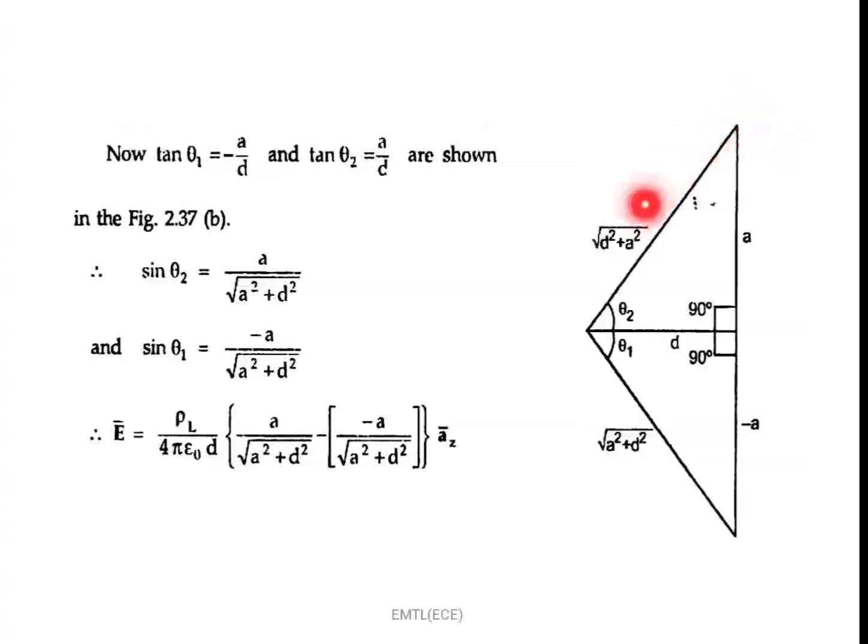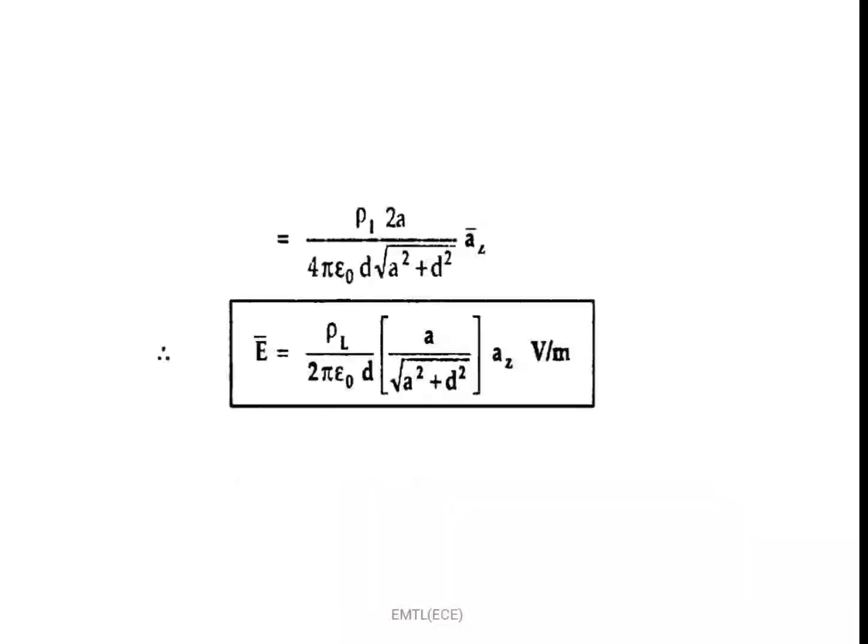Now from this figure we can easily measure the values of sin theta 1 and sin theta 2. Now substitute in the formula of electric field intensity. So E bar is equal to rho L by 4 pi epsilon naught d, a by square root of a square plus d square minus minus a by square root of a square plus d square, aZ bar.